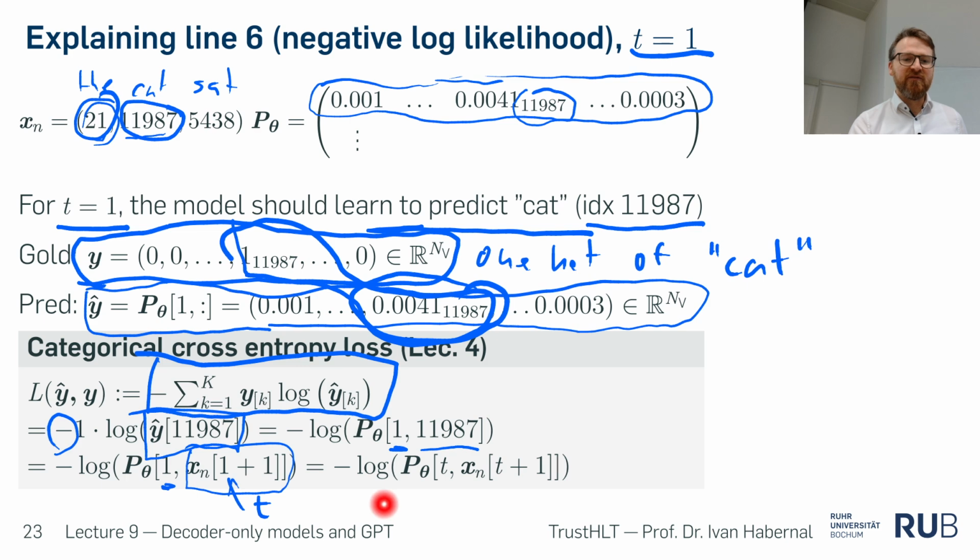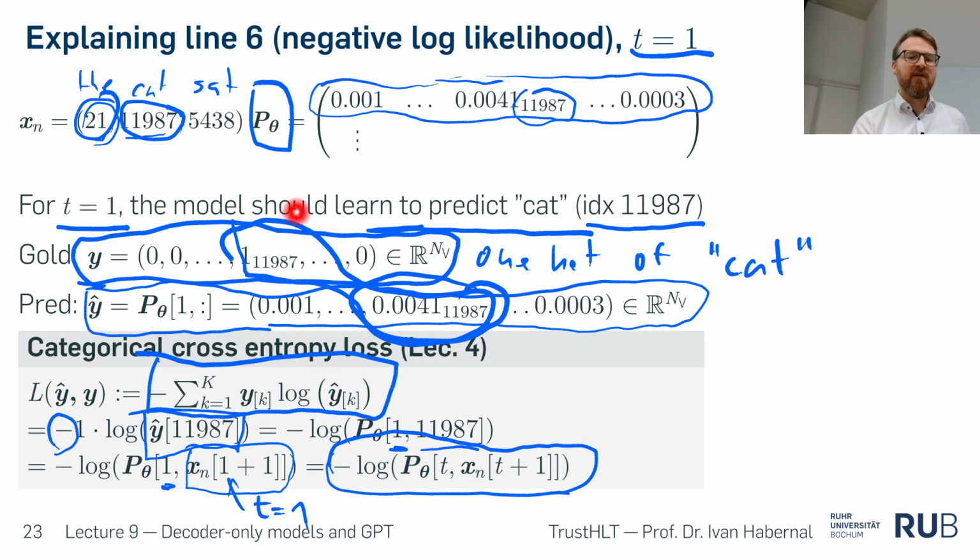And we can generalize for any generic t. This was t equals 1, and we generalize it to this generic cross-entropy loss, where we are indexing into the P matrix. But if you work it backwards, you end up with a categorical cross-entropy, which you understand from classification already. So there is no magic.